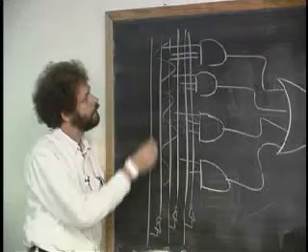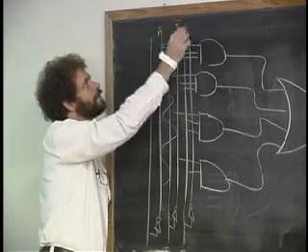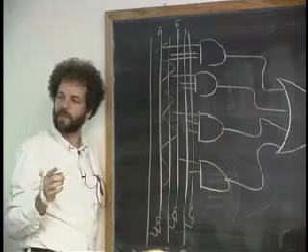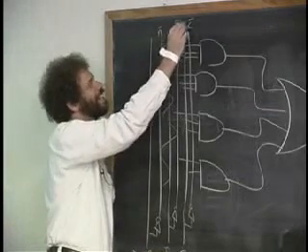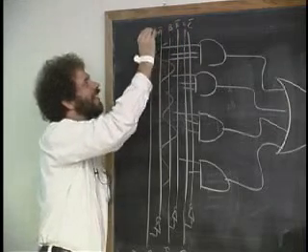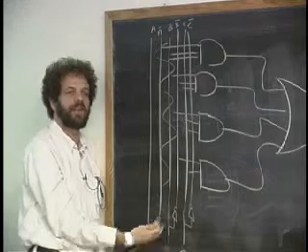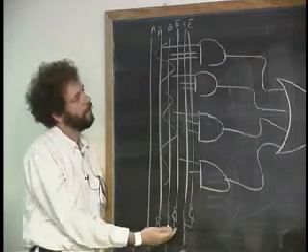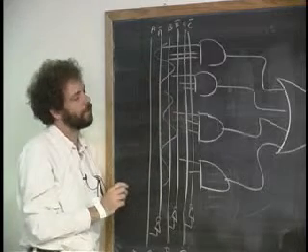This is going to be A bar, this is going to be B bar, and this is C bar. Here's C, here's B, and here's A. Okay, so the first thing I'm going to do is take all the inputs and form their complements, the NOTs of them. And then I'm going to have this matrix where I can hook up some wires to each other.